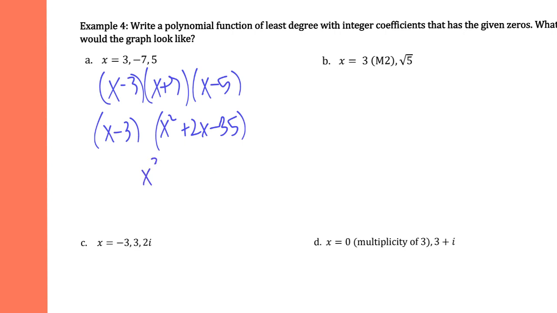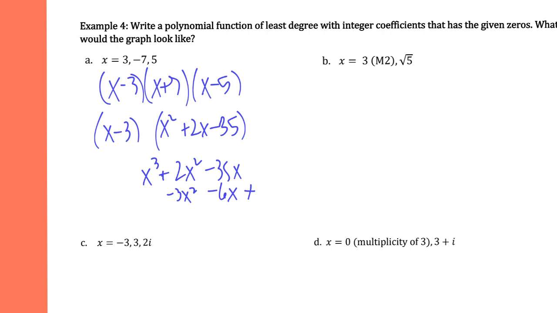So I've got x cubed plus 2x squared minus 35x, and then minus 3x squared, and then minus 6x, and then plus, I don't know what 3 times 35 is. It's 90, and then something else added. So let me look and see what that's going to be.